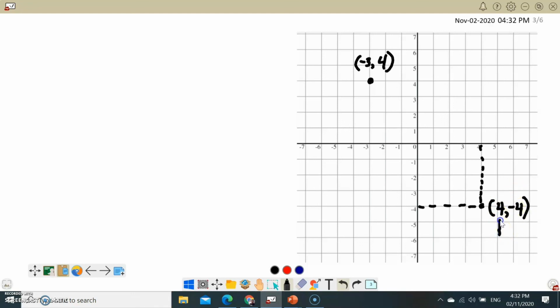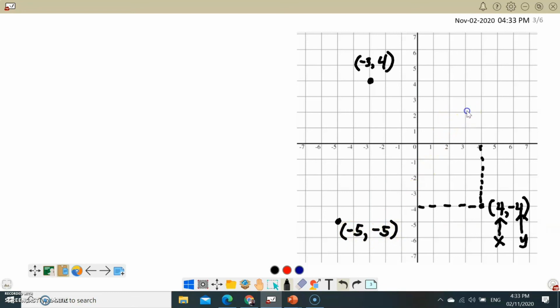Remember, always write first the value of x, followed by the value of y. What if we have here the point? What is the value of x? It's negative 5. What is the value of y? It's negative 5. So the coordinate is negative 5, negative 5.